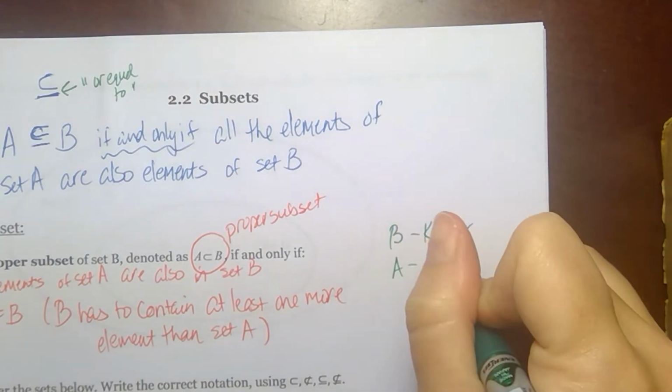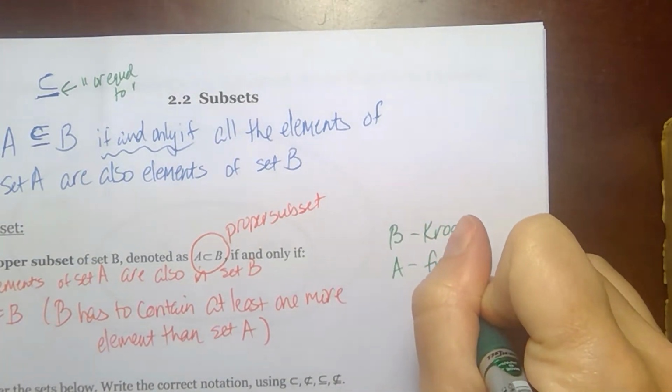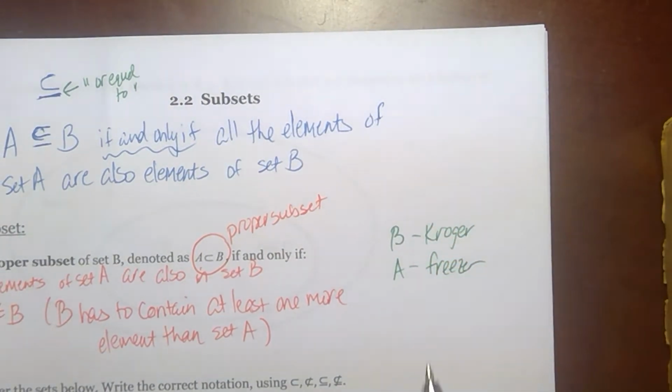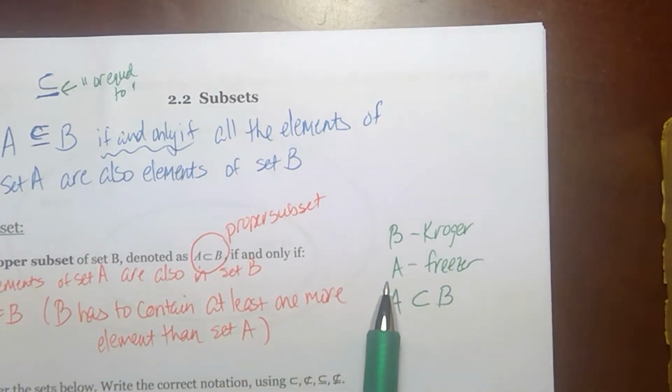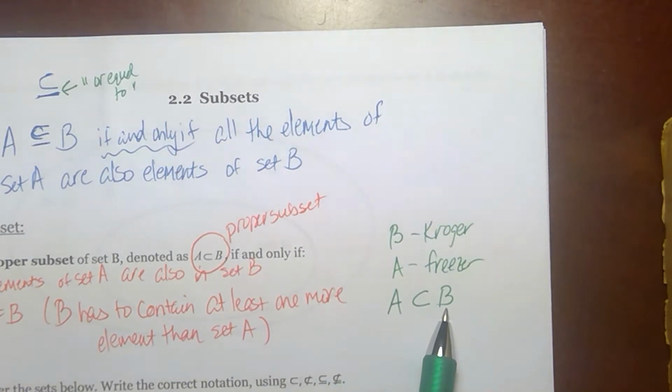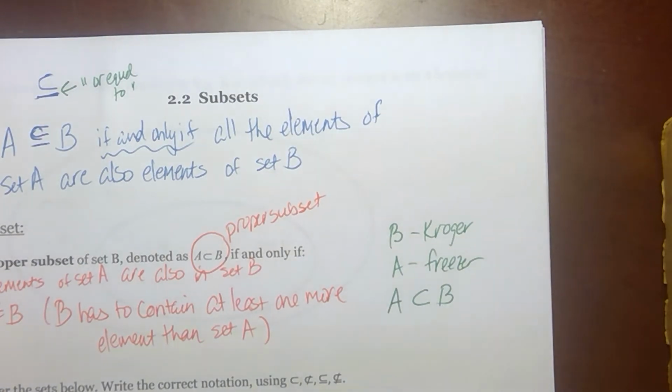Set A is the freezer section, anything in the freezer. Then I can say that A is a proper subset of B because everything in that freezer section for sale is also for sale and generally in Kroger. But there are things in Kroger that are for sale that aren't in the freezer section. So A is a proper subset of B.